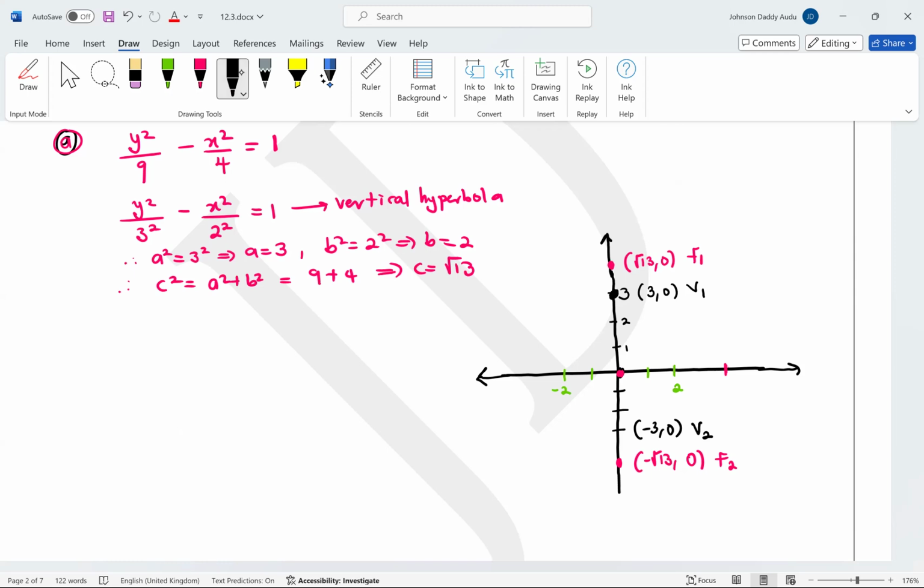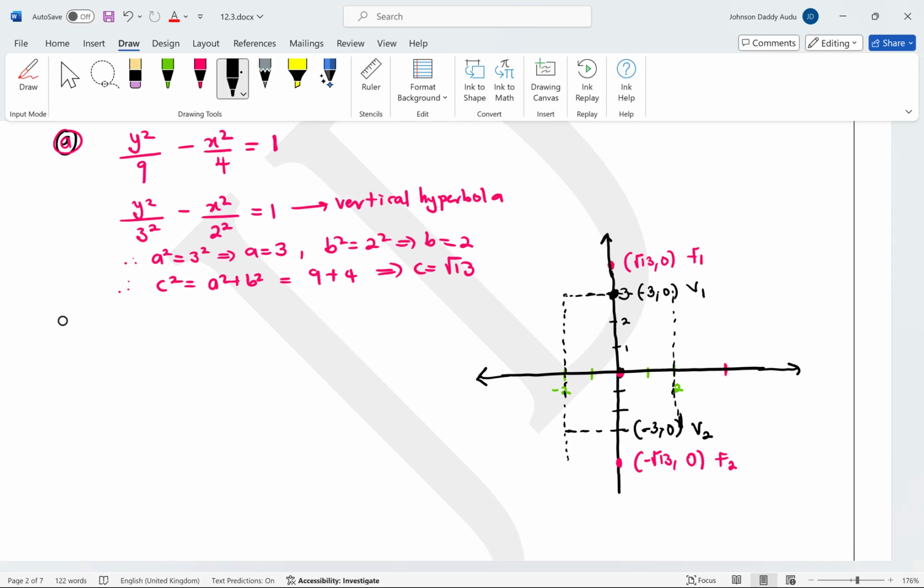Now, what do we need? We need also the asymptotes, but before we do the asymptote here, just try to connect the two vertices. You will draw something like a triangle or a rectangle. And I will tell you what is the importance of that. Okay. Now you can see the rectangle I drew is simply from where?